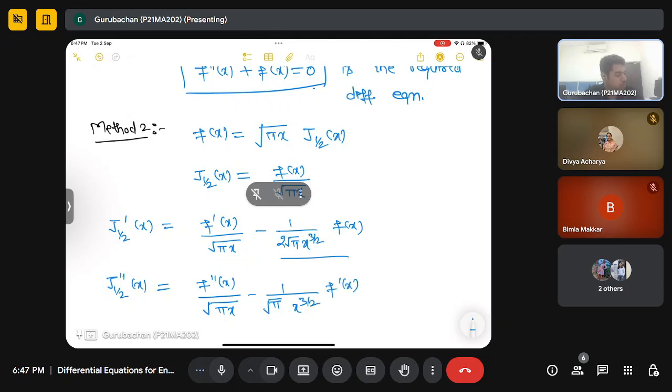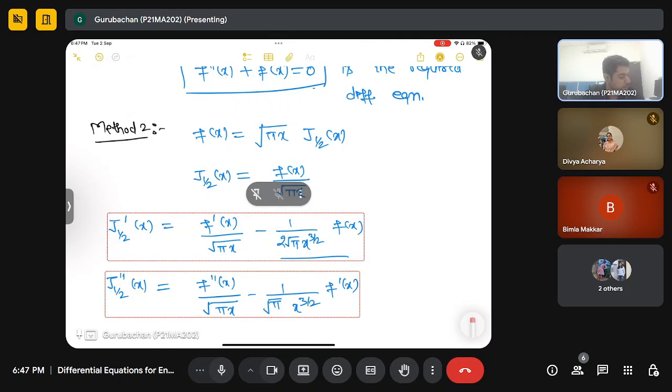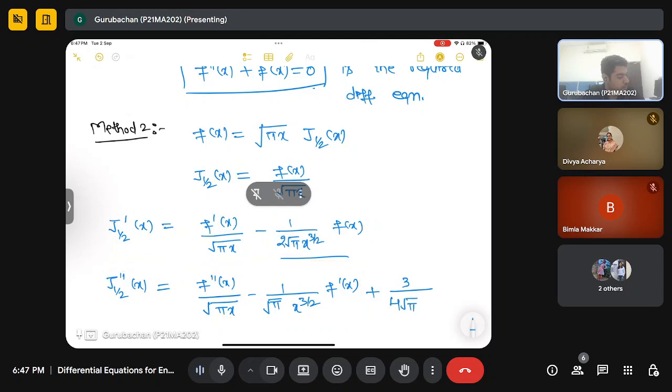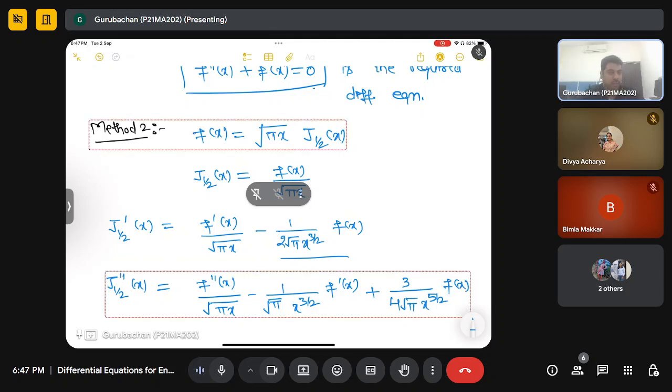From the product rule, if you differentiate x, then you will get with positive sign 3 by 4 root pi x to the power 5 by 2 f(x). So this is your J half x, J half dash x, and J half double dash x.